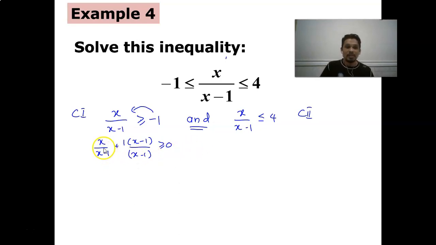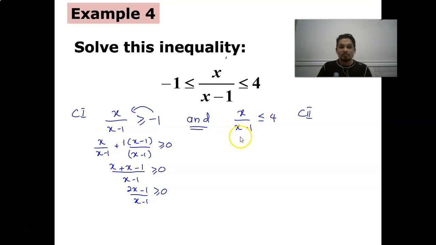Both rational expressions have an equal denominator of x minus 1, so x plus 1 times x and 1 times negative 1. So we get x plus x minus 1 divided by x minus 1 greater than or equal to 0, which is 2x minus 1 divided by x minus 1 greater than or equal to 0.